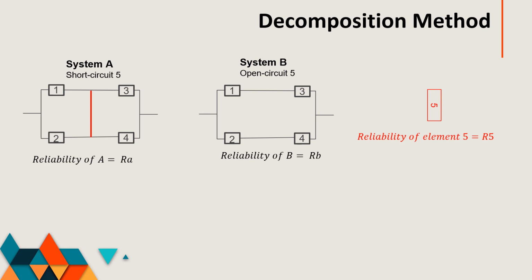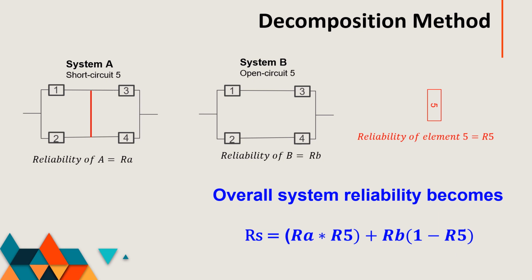And don't forget also the reliability of element 5, which is now the pivot. Assuming that the reliability of that element is R5, then the overall reliability will be given as the reliability of subsystem A multiplied by the reliability of element 5, plus the reliability of subsystem B multiplied by the unreliability of element 5.